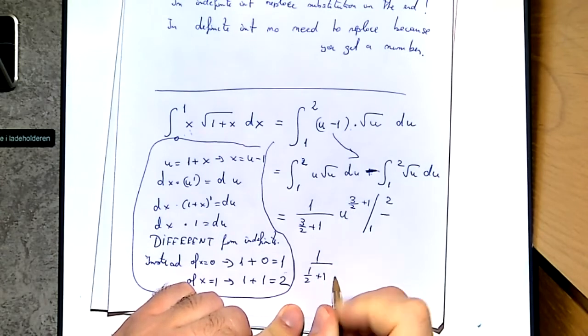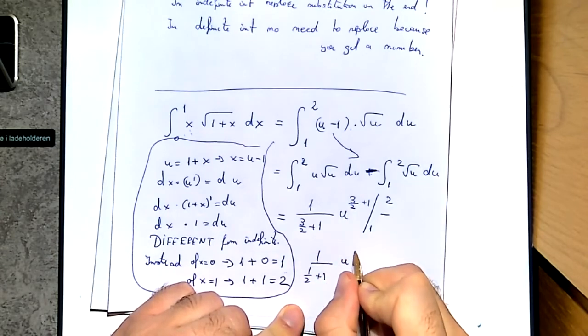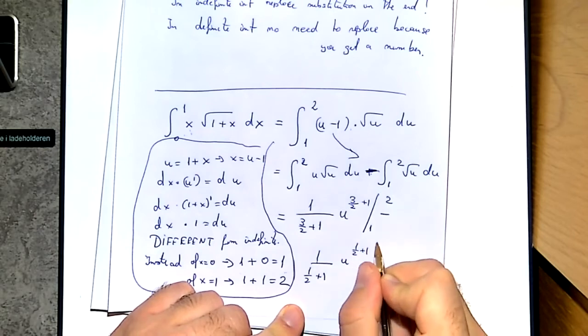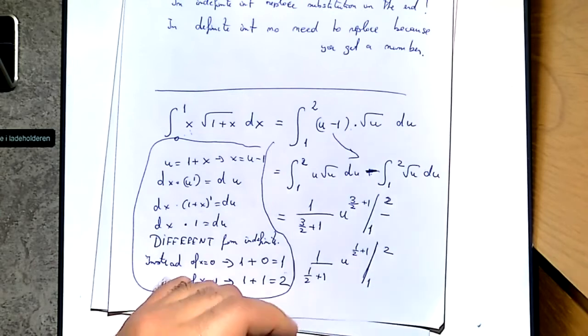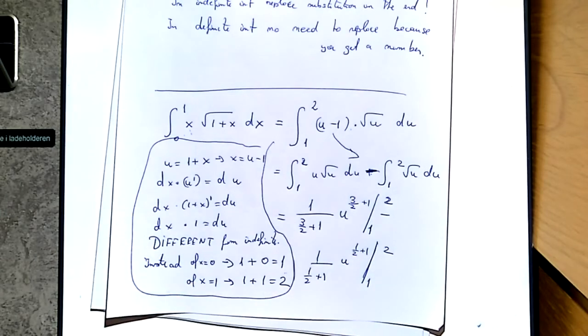One half plus 1 is between 1 and 2. And again, remember, in the indefinite case, I told you we got to these functions.